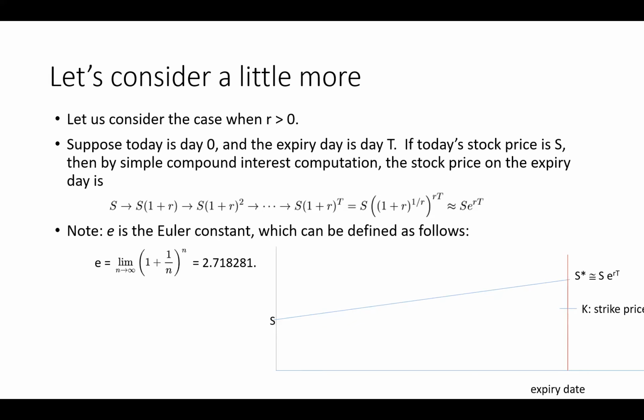But for now we just look at the fundamentals. If we assume there's no probabilistic fluctuation or outside effect, then it will follow this straight line. So according to our analysis, the pricing is simply equal to the difference between S star and K. This is what we want.